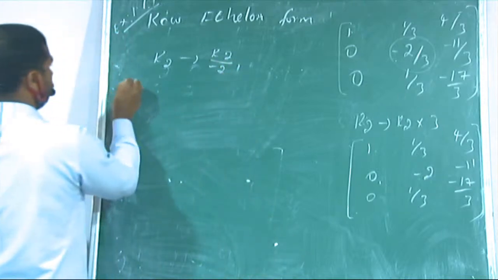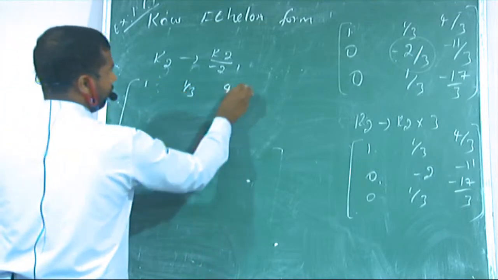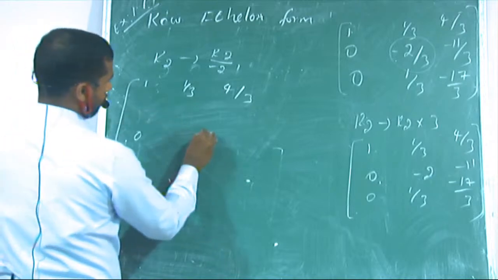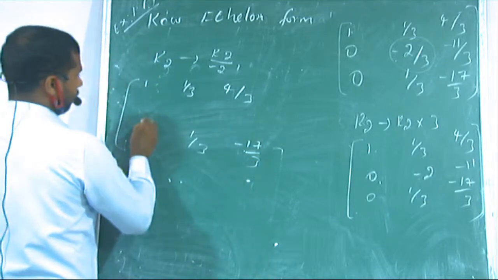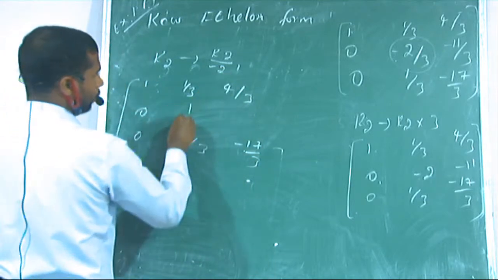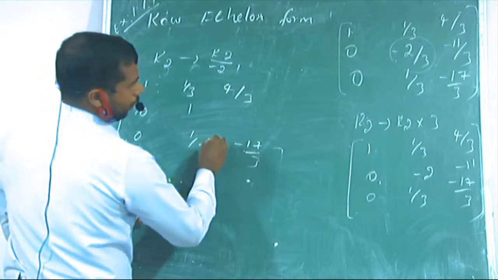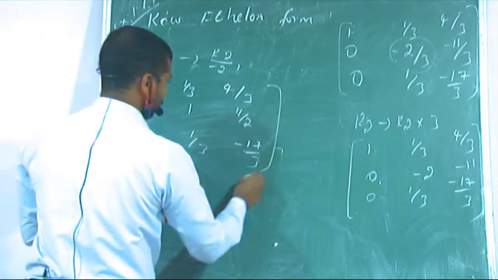R1 stays 1, 1 by 3 and 4 by 3. R3 is 0, 1 by 3, minus 17 by 3. Then 0, minus 2 divided by minus 2, positive 1. Minus 11 by 2 means definitely the minus cancels, only 11 by 2 will come, isn't it? 11 by 2.